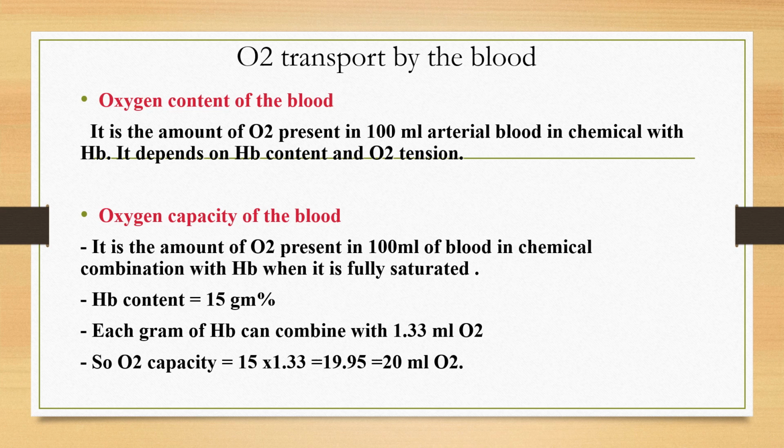What about the oxygen capacity of the blood? The oxygen capacity of the blood is the amount of oxygen present in 100 ml of blood in chemical combination with hemoglobin when it is fully saturated. Again, the content means the amount present in 100 ml of blood in chemical combination with hemoglobin.